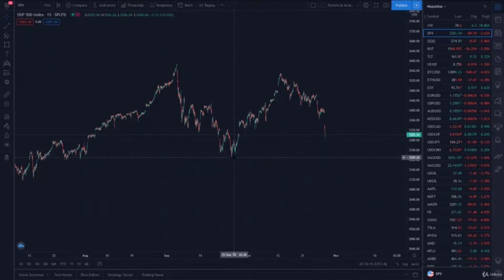It traded down to the 3209 level and then rebounded higher. So if this downward momentum continues on the shorter term trend, we should likely see it face some support or buying pressure around 3209, similar to what we had on the 25th of September.